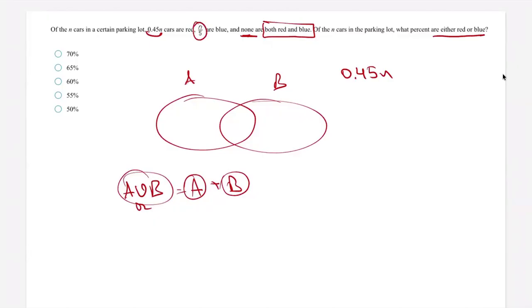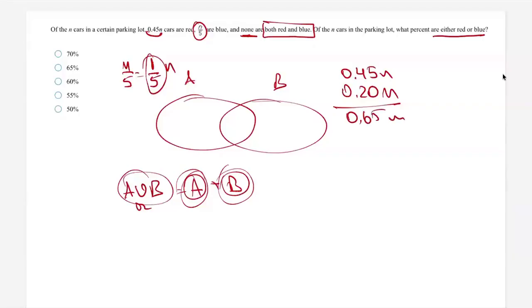How much is n plus n over 5? N over 5 is the same as 1 over 5 times n. How much is this? 20%. So one plus the other is 65%. Is that okay?